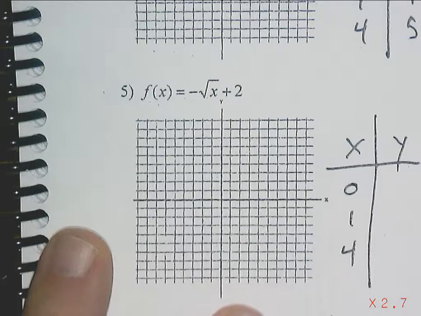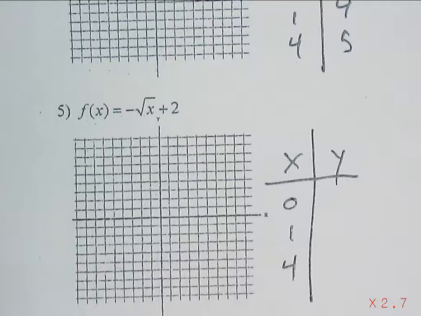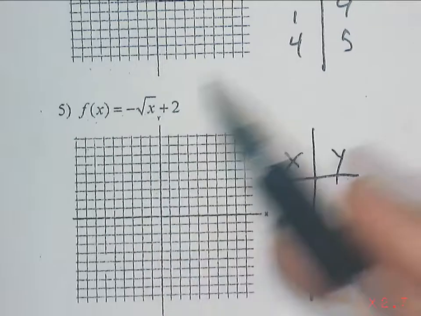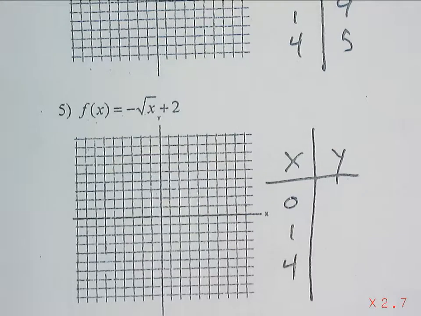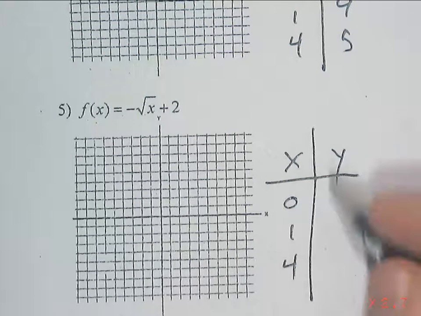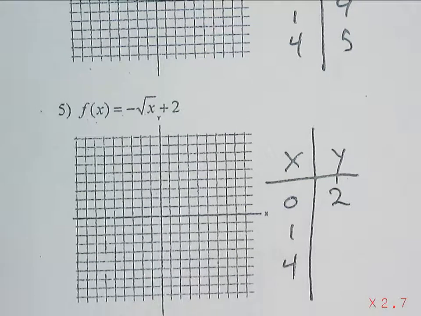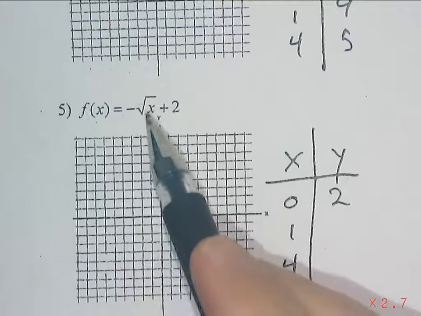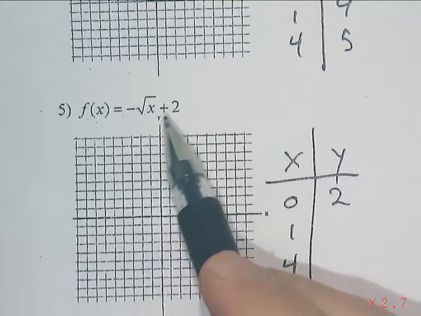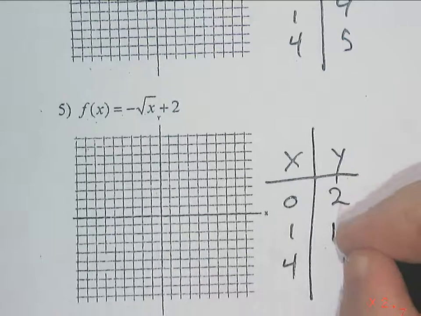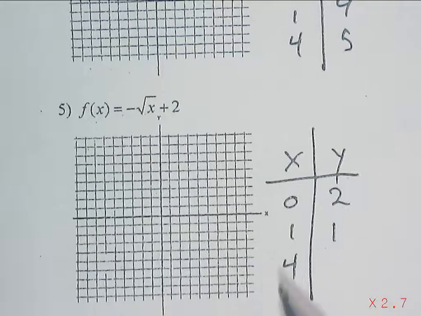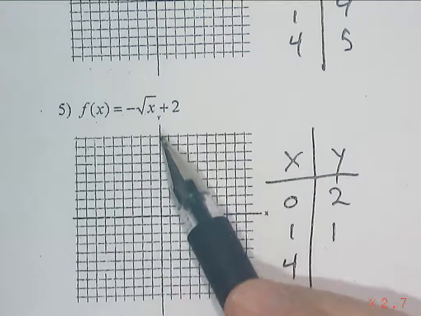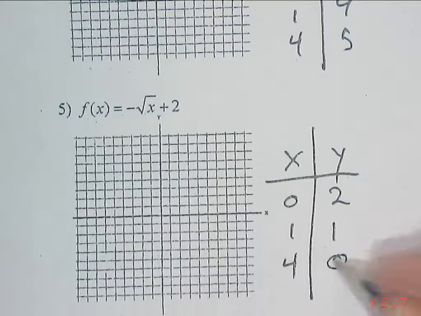So when we plug this in, square root of 0 is 0. 0 times a negative is still 0. 0 plus 2 is 2. Okay, but when I do the square root of 1, square root of 1 is 1, and then I get a negative 1. Negative 1 plus 2 is 1. Okay, and then the square root of 4 is 2. Negative 2 plus 2 would be 0.